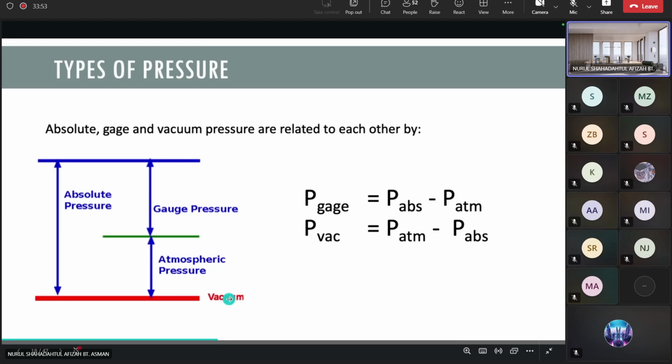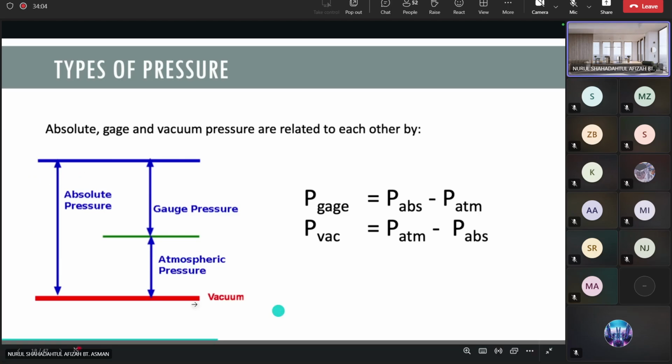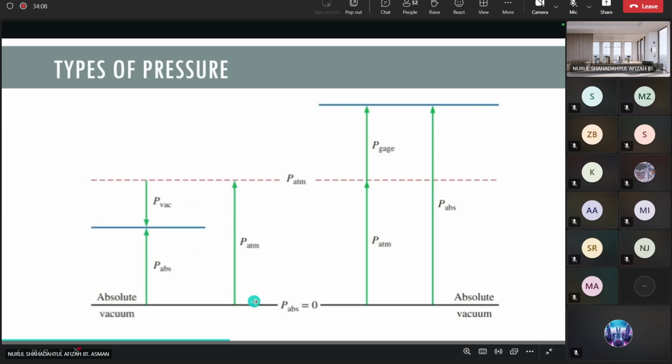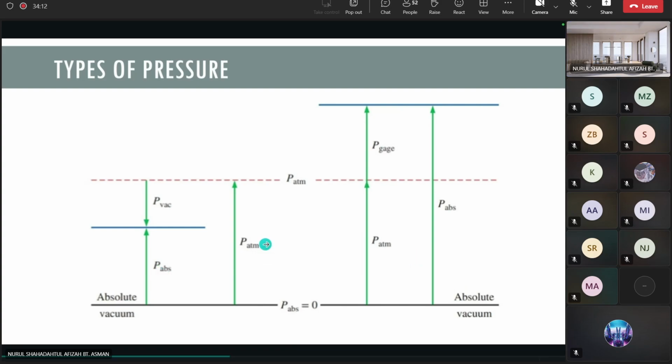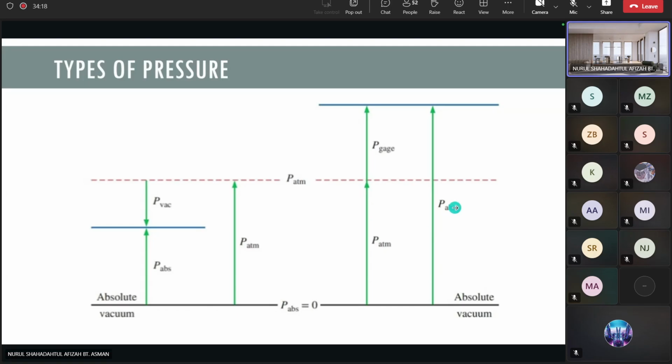And for the vacuum, atmospheric minus the absolute gives the vacuum. So this is the other illustration. The atmospheric pressure equals absolute plus vacuum. Okay, it's almost similar to this one.